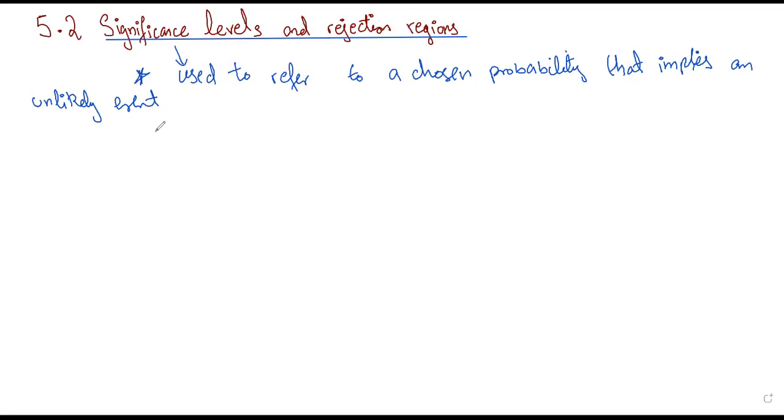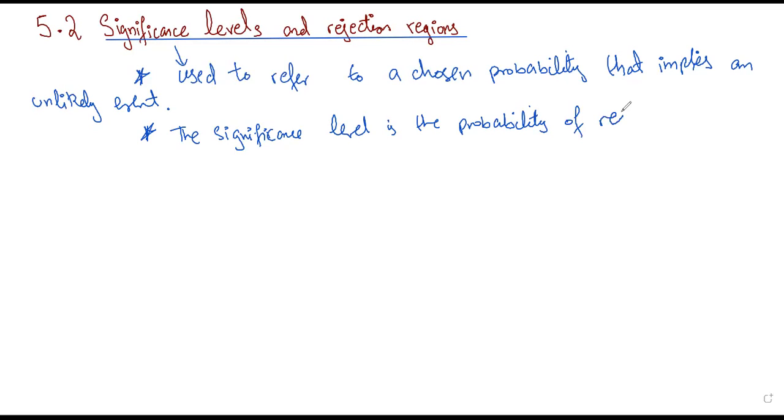Okay. And then the second part is, the significance level is the probability of rejecting H naught.